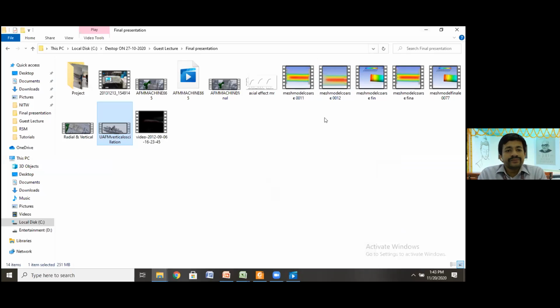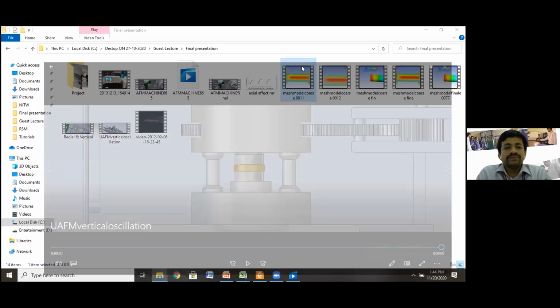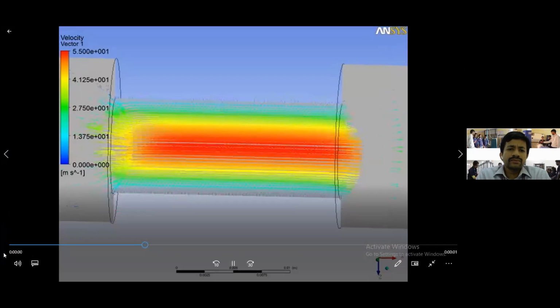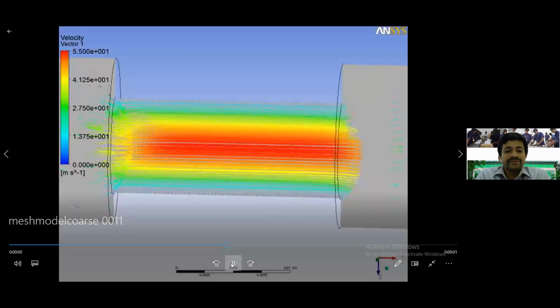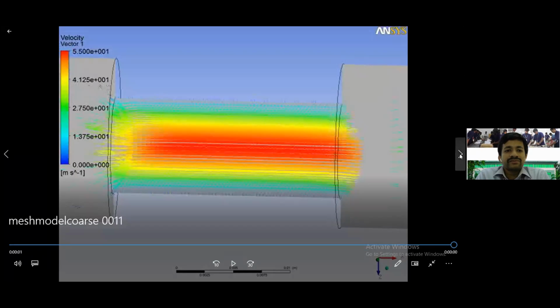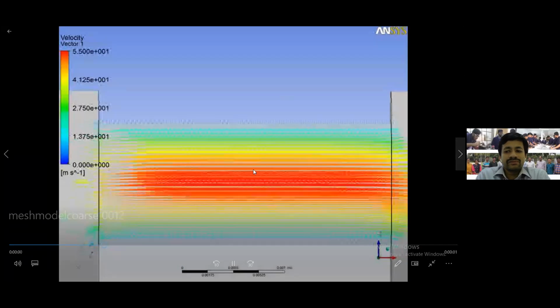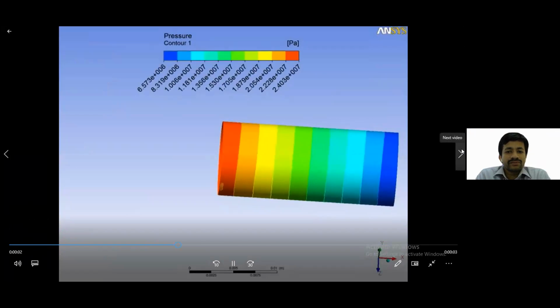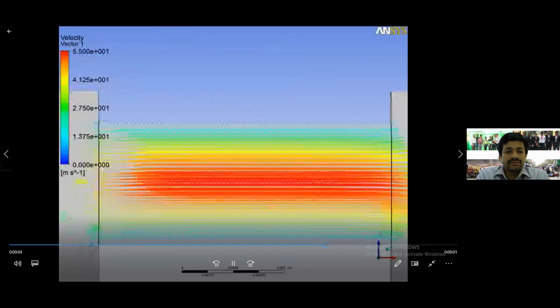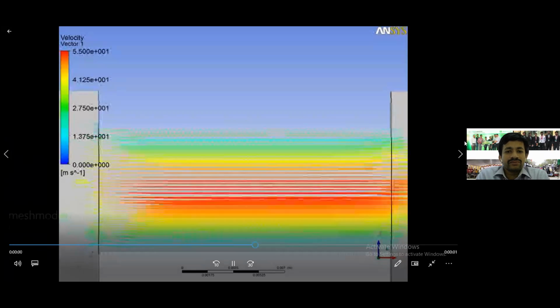Before setting the parameters, we have done simulation also. That video you can see. How to vibrate is a task actually. We defined a user-defined function for vibrating the workpiece, and here you can see the workpiece is vibrated radially, and also axially.